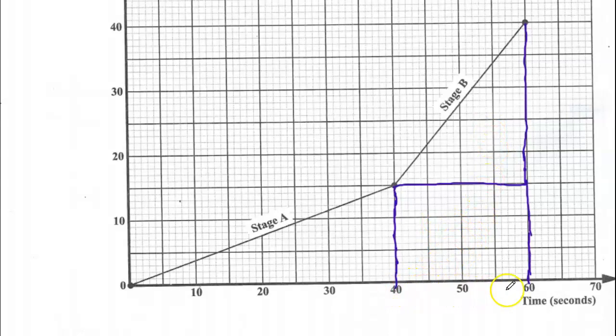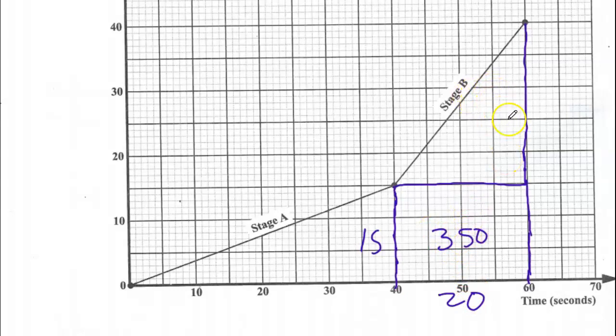Notice the length is between 40 and 60, so the length is 20, and the height is 0 to 15, so 15. So 15 times 20, that's what? 350. The area of this part is 350.